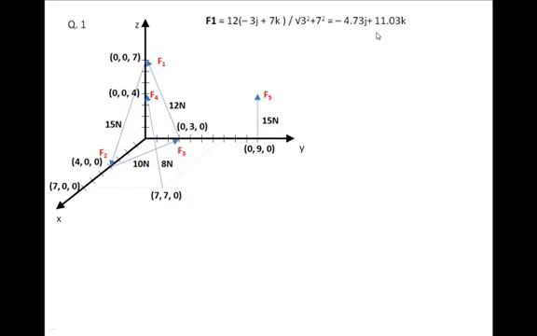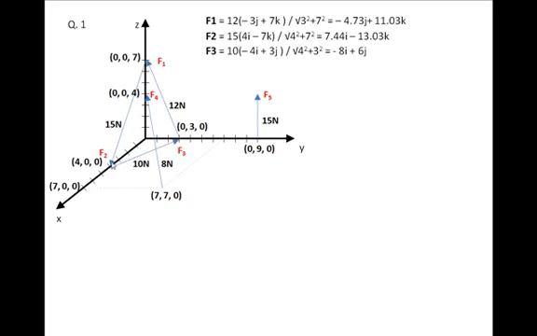Now we are going to express all these forces in this manner. Have a look at F2, magnitude 15, and like before this is the unit vector, and you have F2 as 7.44i minus 13.03k. Similarly F3, magnitude 10, and see this minus 4i plus 3j.